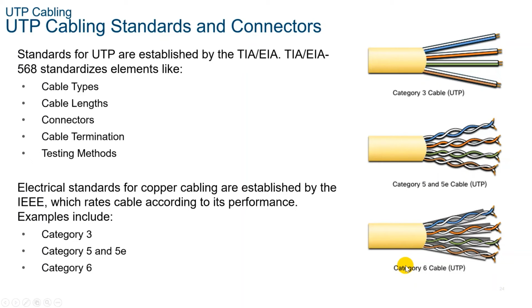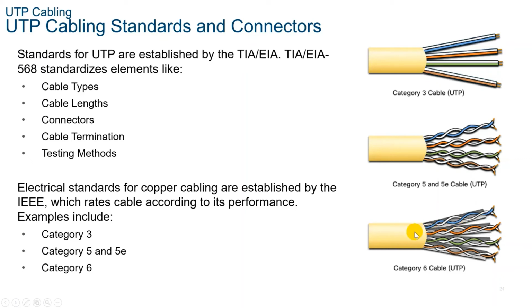Category 6 has an added separator between each wire. If you observe here, this is almost similar to that of the STP. Each pair of wires has an insulation or separator. Category 6 has an added separator between each wire pair to support higher speeds, and it supports up to 10 Gbps.